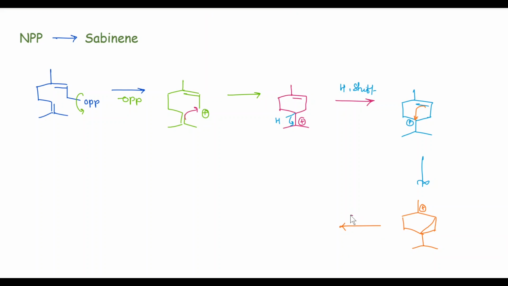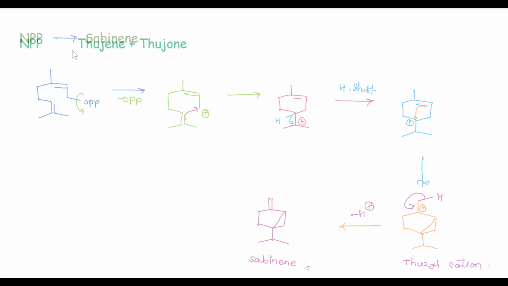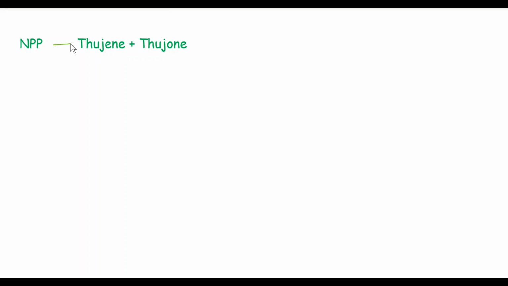In the next step, minus H plus of this proton and we get a double bond here, and a carbon-carbon single bond here. This cation is called a sabinyl cation and this compound is called sabinene.